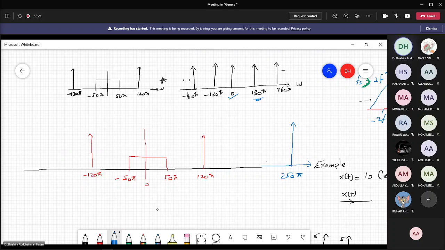Okay, this one will be minus 120 plus 130, which is equal to 10. 10 will be here. Okay, this one will be at minus 50 plus 130. It is 80. So 80 will be here. And 130 plus 50, it is 180. So 180 will be here.